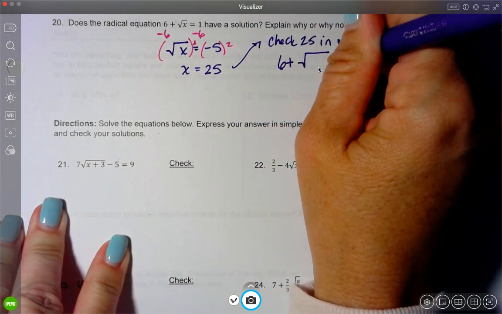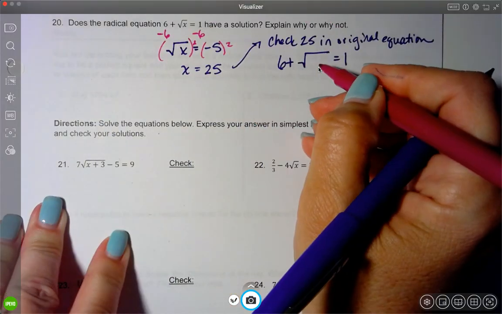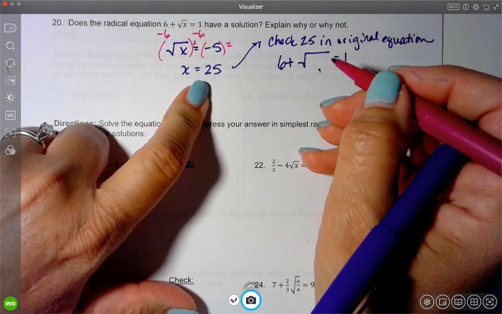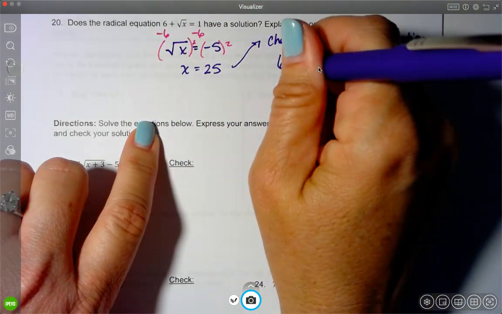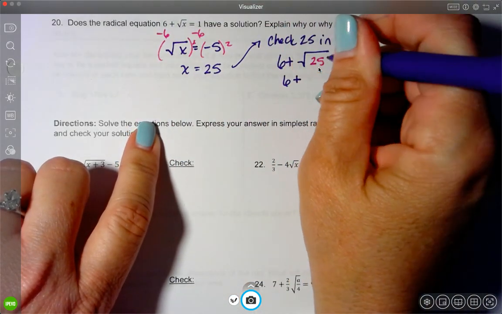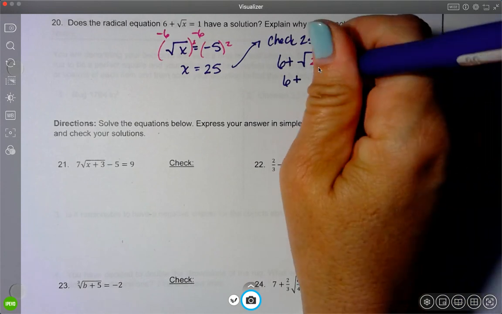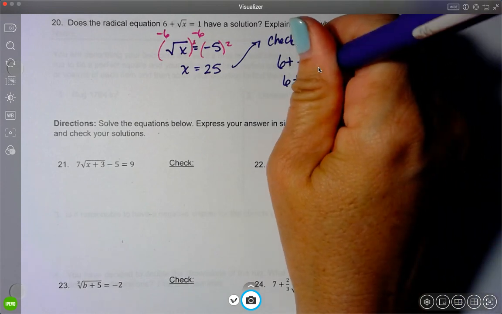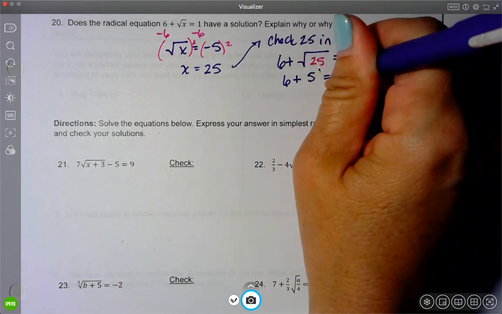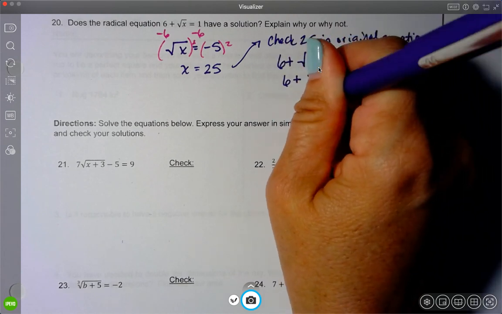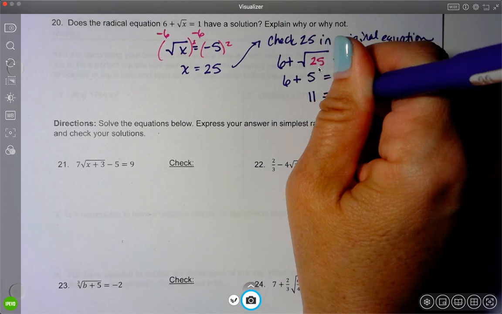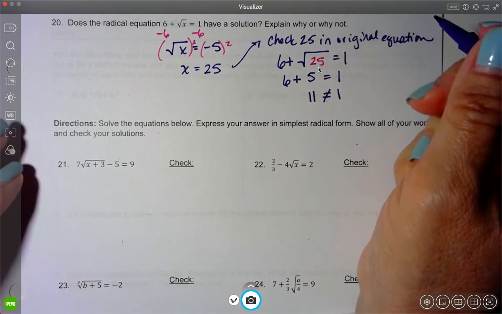And I'm going to see if actually x equals 25. I'm going to see if it works. Okay, now I have 6 plus, and then square root of 25 is 5, right? Equals 1. So 6 plus 5 is 11, which doesn't equal 1.